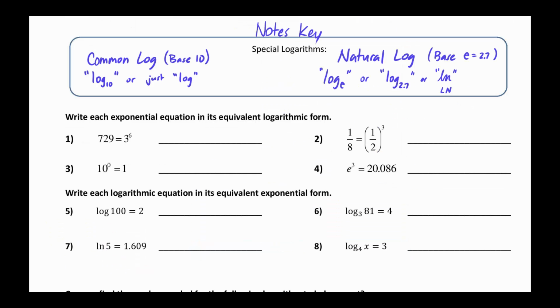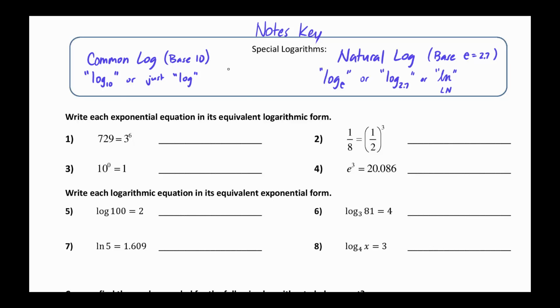Let's go ahead and turn to page 2. Up at the top, there's a box here for special logarithms. We've actually talked a little bit about this when we were graphing logarithms and exponentials. The special types of logarithms are called a common log, which would have a base of 10. Usually, they will write it just as log with no 10 at the bottom, but you can if you really want to.